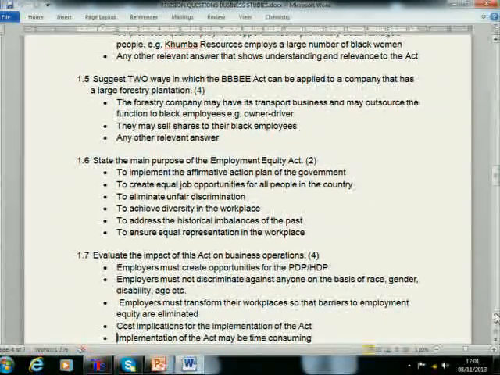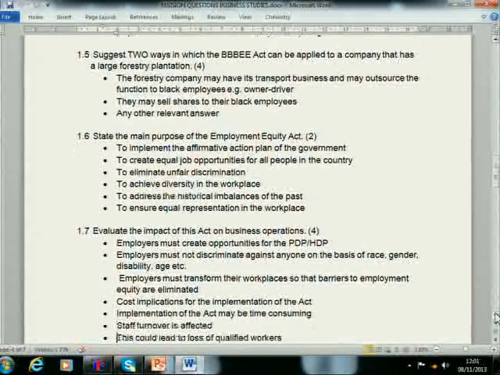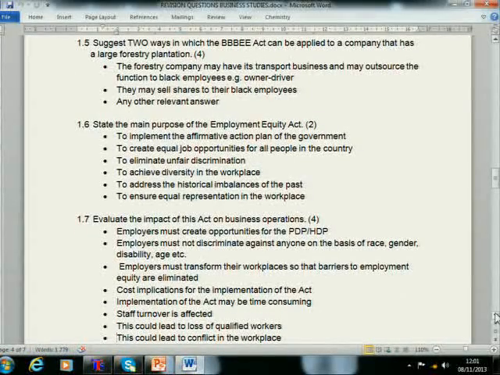Then the other one, which is also equally important, is the impact. The purpose, the impact. We talked about the application earlier, how you apply this knowledge in answering these questions. Now, the one that I'm stressing is the purpose. Make sure that you know the purpose of all these acts. The third one, evaluate the impact of this act on business operations.